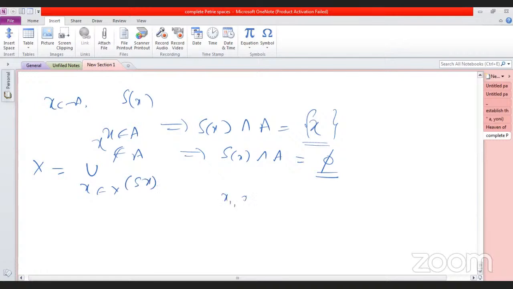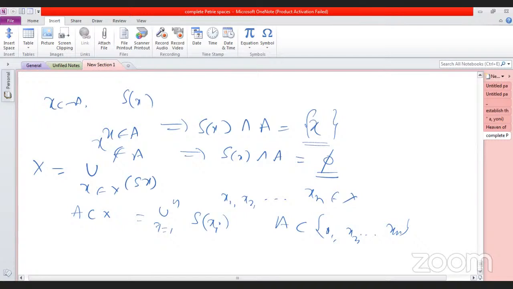Therefore there exist x1, x2, and so on xn belonging to X such that A is a subset of X, which is the union of Sxi for i equal to 1 to n. So therefore A is a subset of x1, x2 and so on xn. It is a contradiction, since A is infinite.